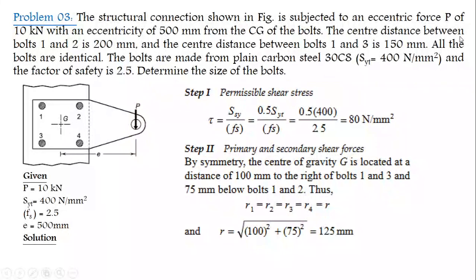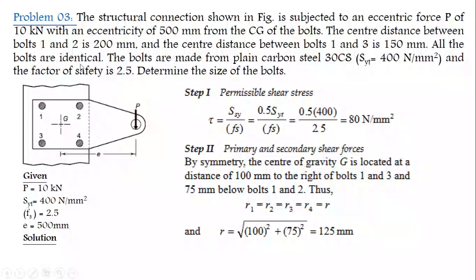The center distance between bolt 1 and 2 is 200 mm, and the center distance between bolt 1 and 3 is 150 mm.